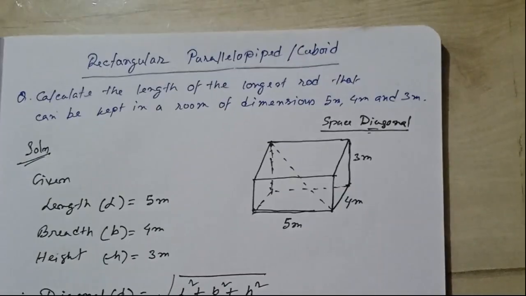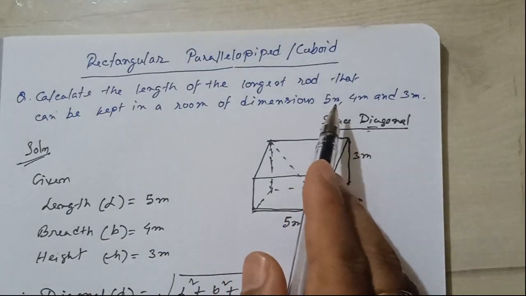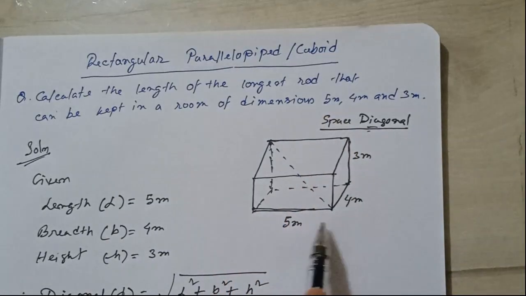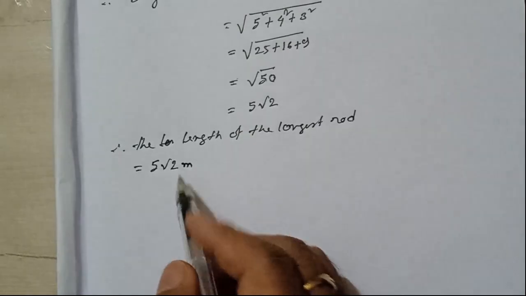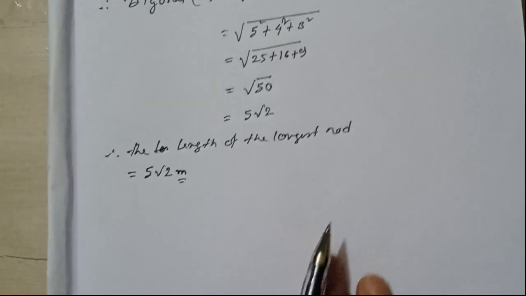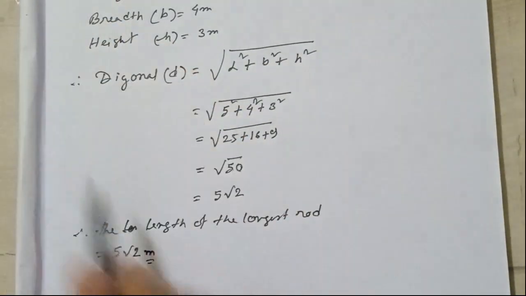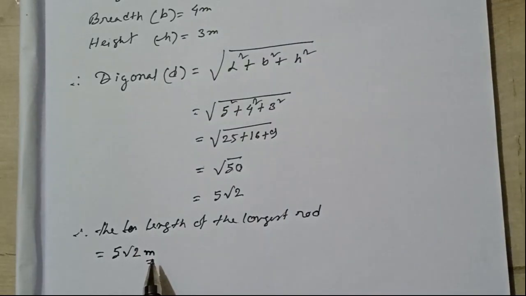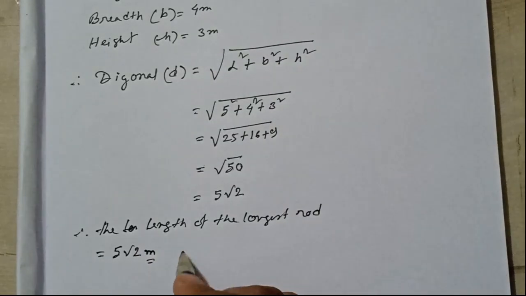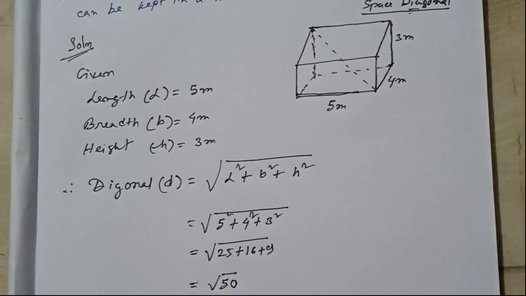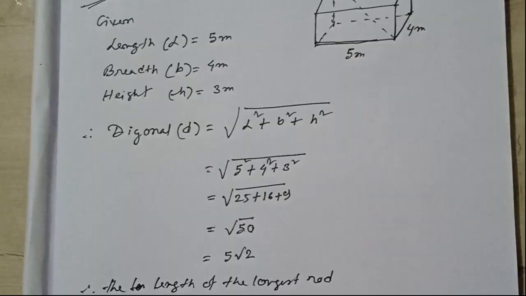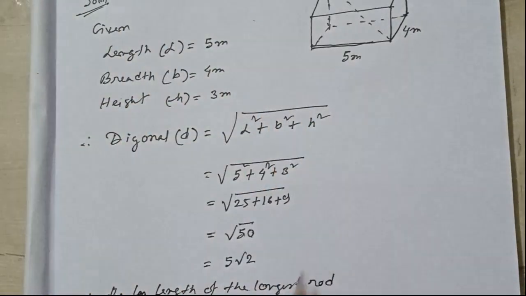Okay, because the unit is meter. So we are using 5 square root 2 meter, and don't forget this unit, otherwise the solution will not be accepted. So you have to put the unit also, and that is our answer.